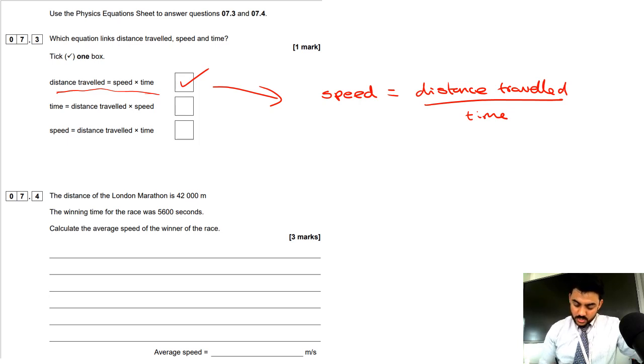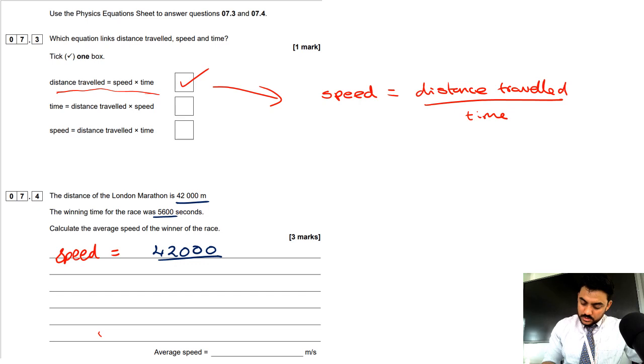So what should we do? Speed is equal to the distance traveled, in this case 42,000, divided by time, which is 5,600, which gives you an answer of 7.5 meters per second. And that's the answer.